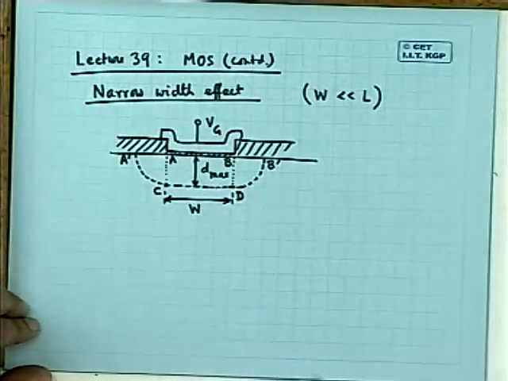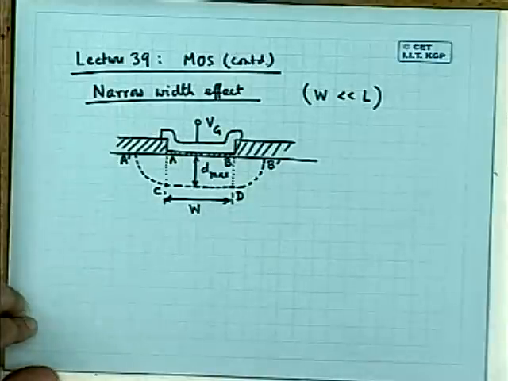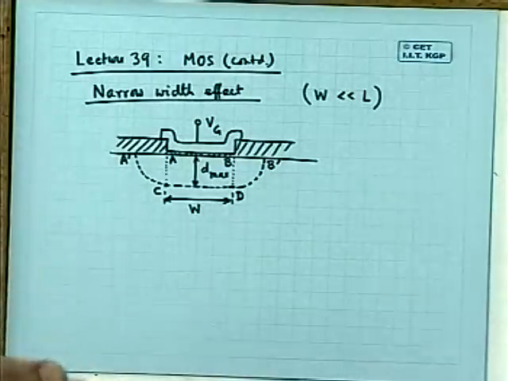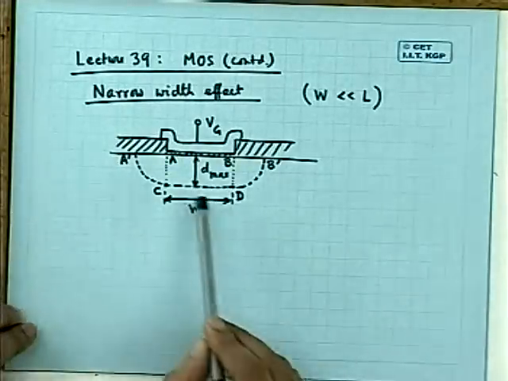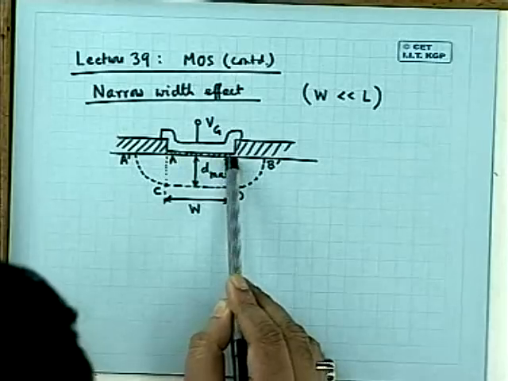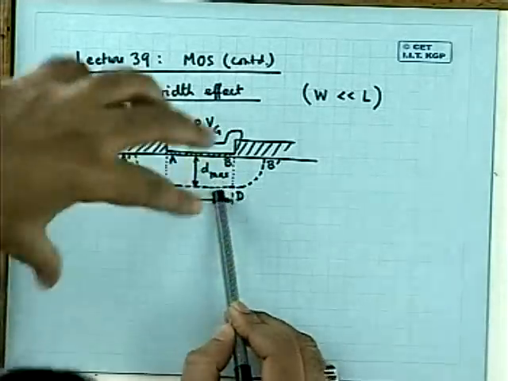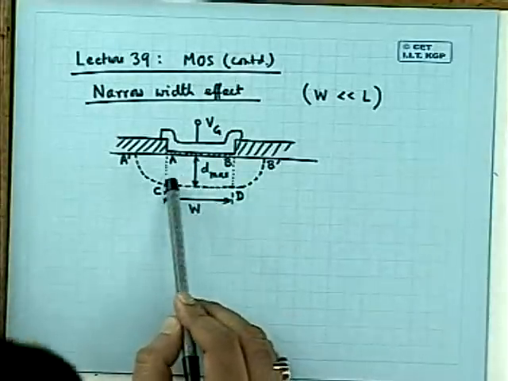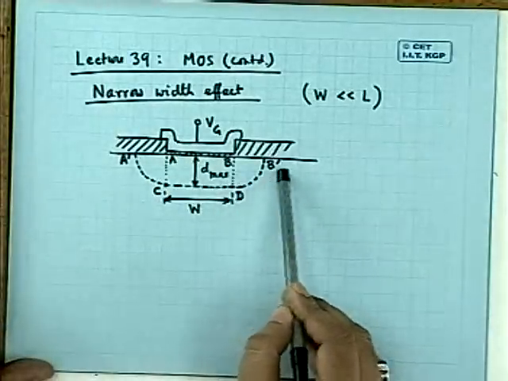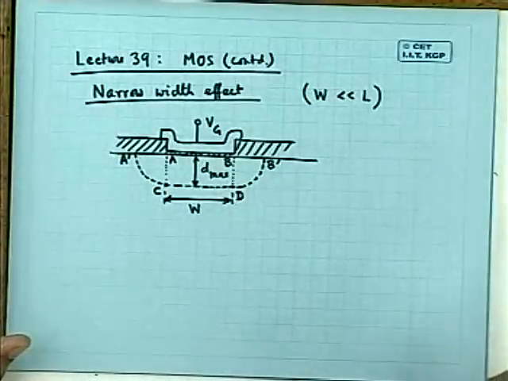This is an interesting thing. When you apply a gate voltage, the charge which is induced is confined not only to the rectangle ACBD just below the width, but also spread to the left and spread to the right as indicated here.